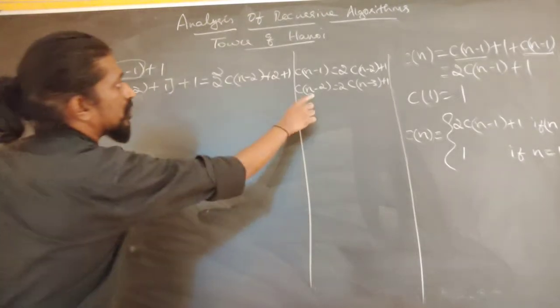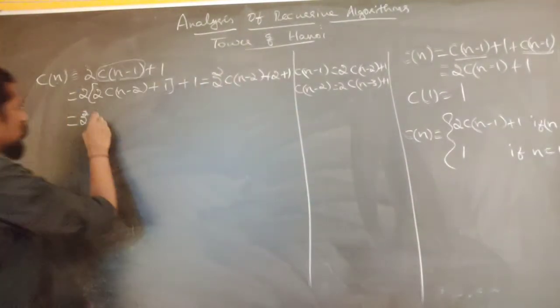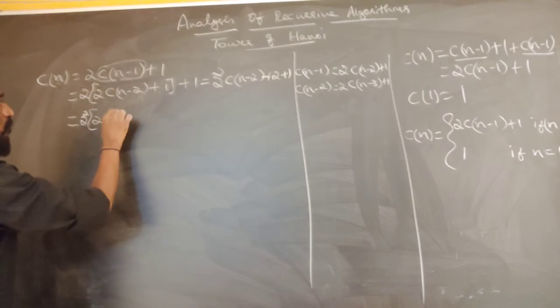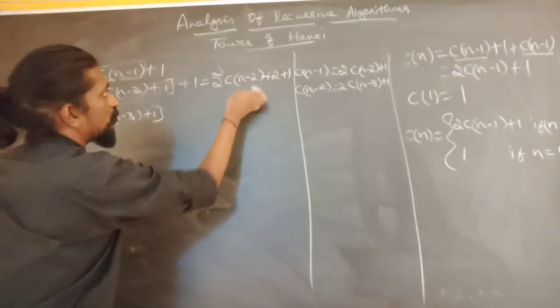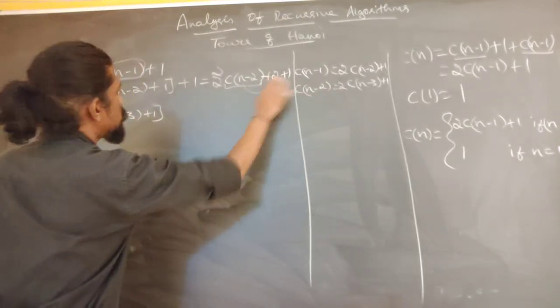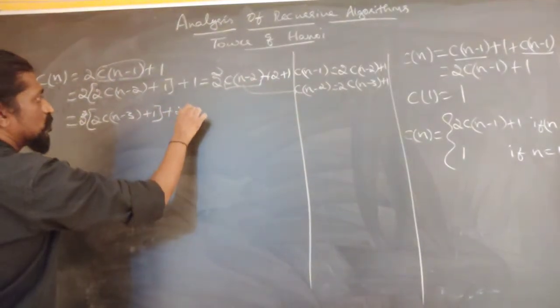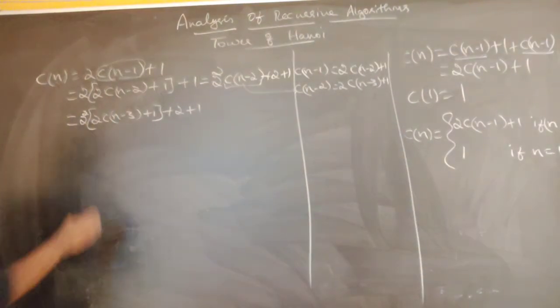C of, this whole expression has to come here: 2C of n minus 3 plus 1. For this C of n minus 2, this whole thing has to be replaced. Plus 2 plus 1. I didn't add that because it will be easier for us to simplify later.